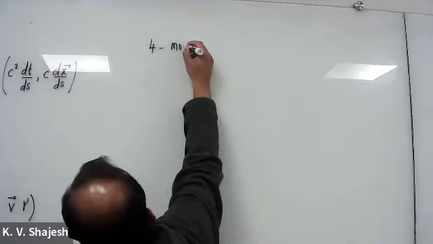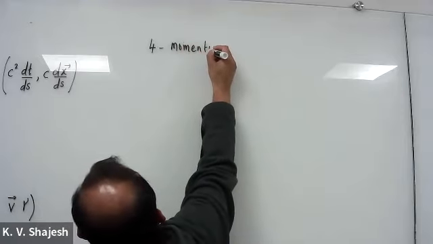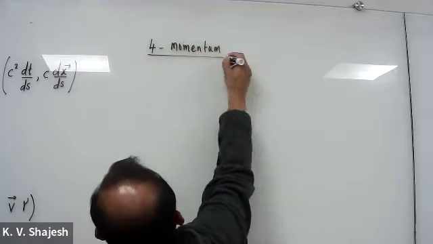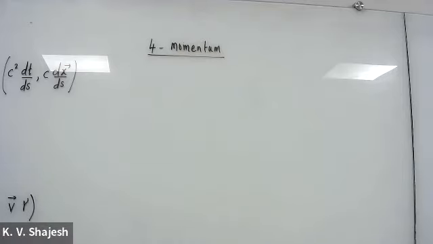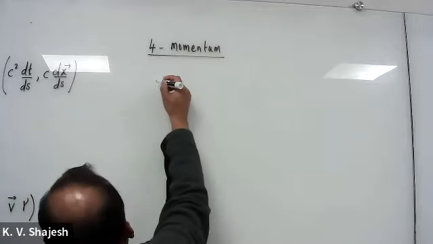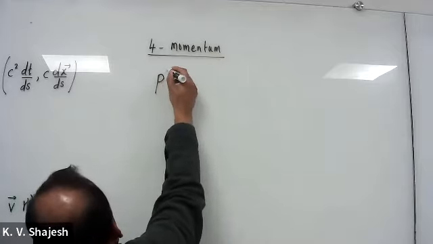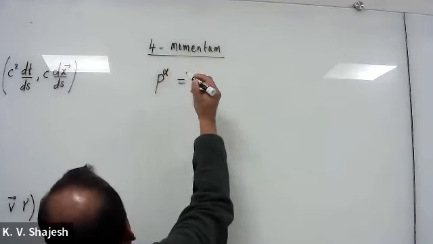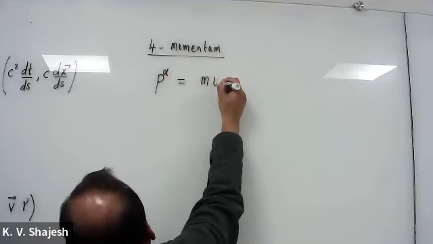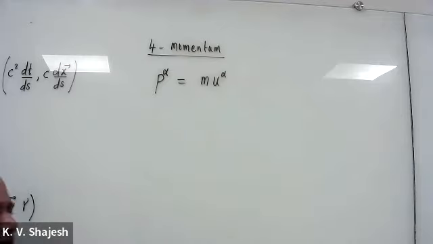So for momentum, P alpha is equal to M times U alpha. Pretty simple.